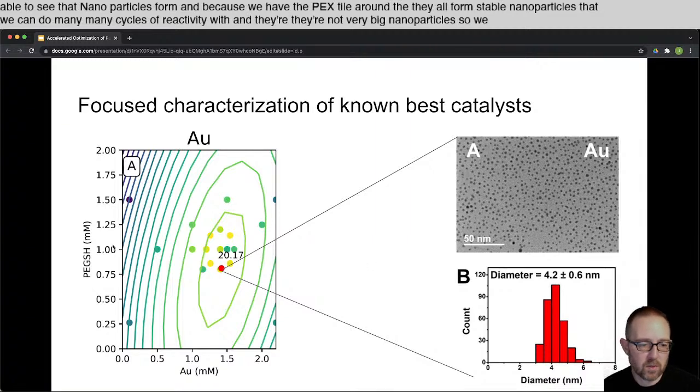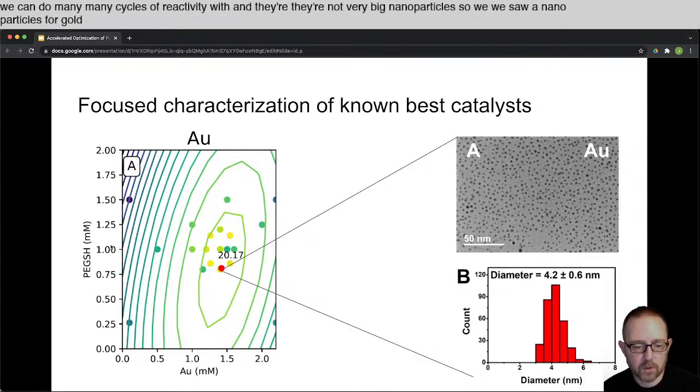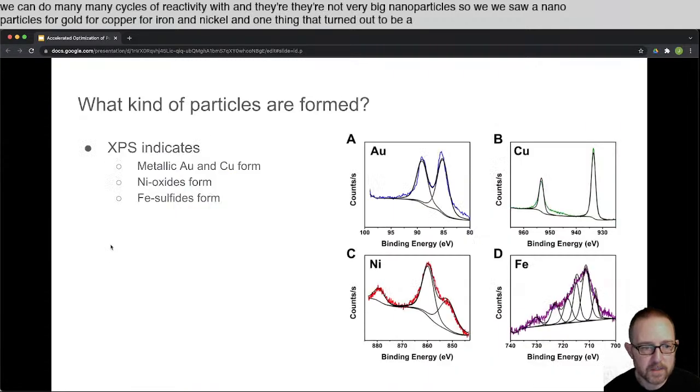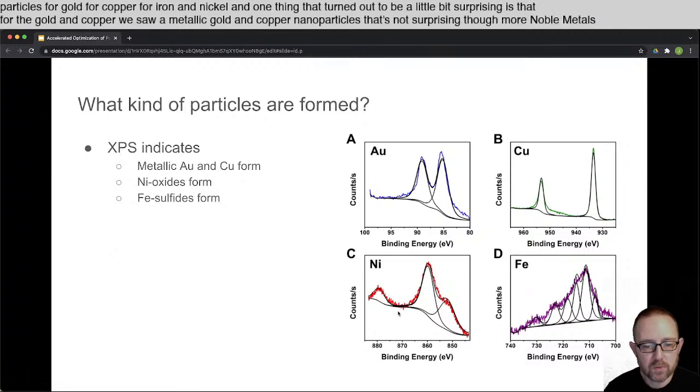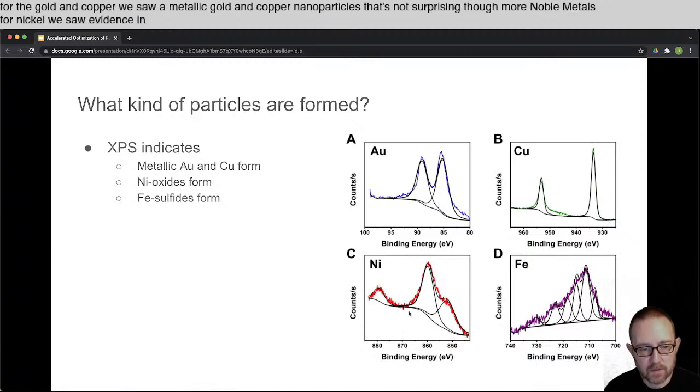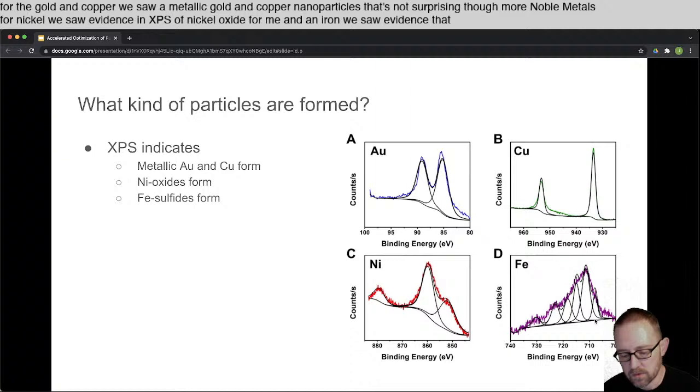We saw nanoparticles for gold, copper, iron, and nickel. One thing that turned out to be a little surprising is that for the gold and copper, we saw metallic gold and copper nanoparticles. That's not surprising, those are more noble metals. But for nickel, we saw evidence in XPS of nickel oxides forming, and in iron, we saw evidence that iron sulfides are forming.